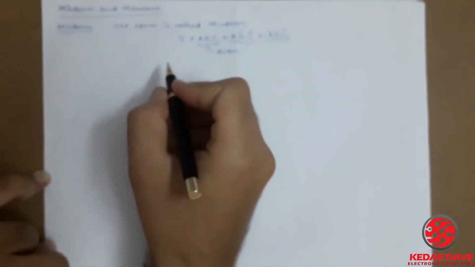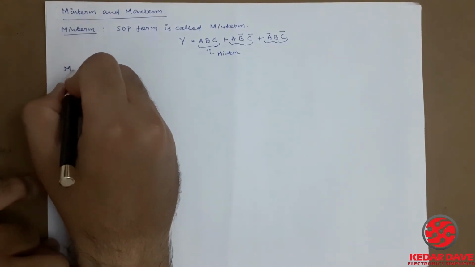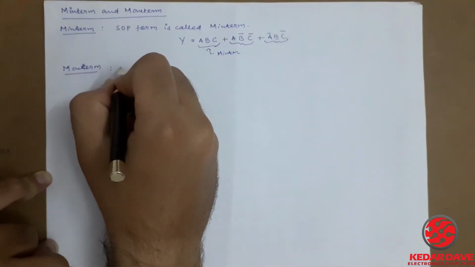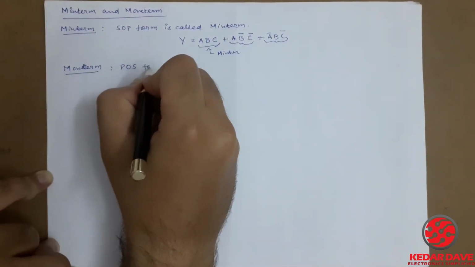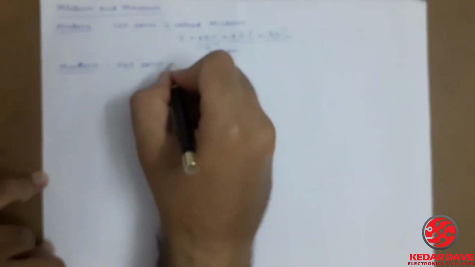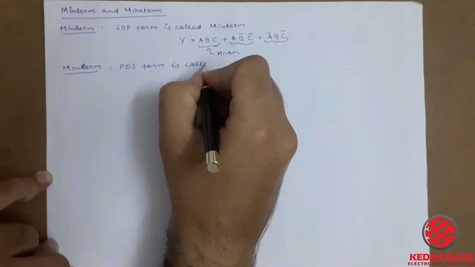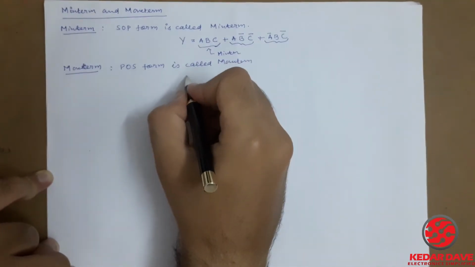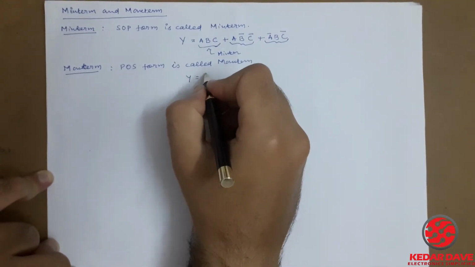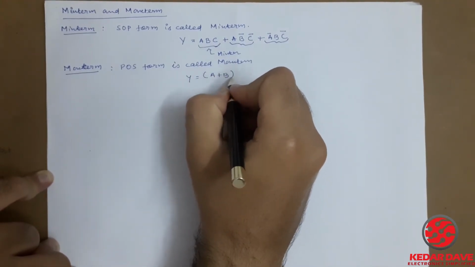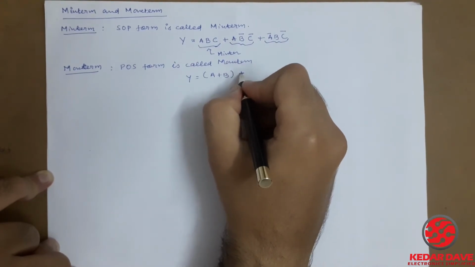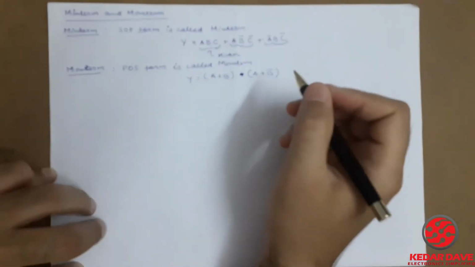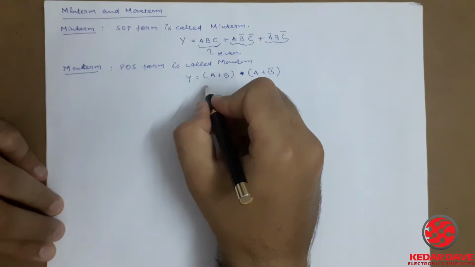So this kind of term is called as the minterm, and whenever we talk about the maxterm, then maxterm is called as POS form. For example, if we take y is equals to (a plus b) dot (a plus b bar), this kind of term is called as the maxterm.